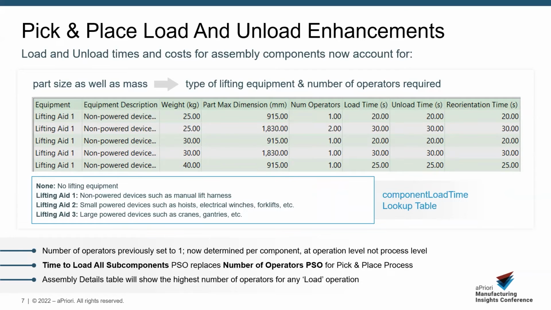And for transparency, we've also got 2 columns in here about the type of equipment that we're assuming are being used for loading the parts. So for very small, light parts, we assume no equipment and that they're just assembled on by hand. Then it goes up through 3 different levels, with level 1 being sort of unpowered lifting aids and harnesses, level 2 being small to medium powered lifting aids, and level 3 representing very large devices such as overhead gantry cranes for the heaviest of parts and the largest of sub-assemblies.